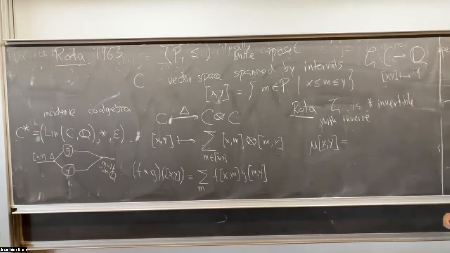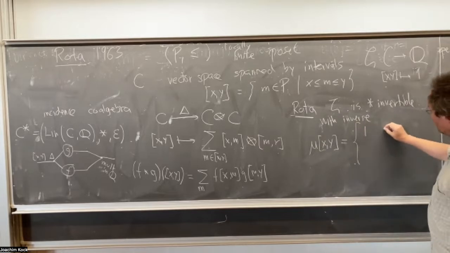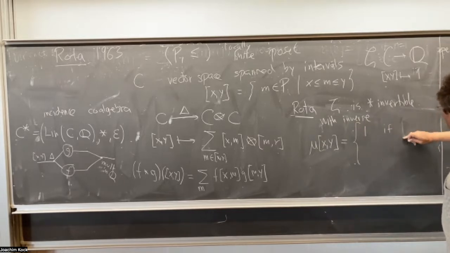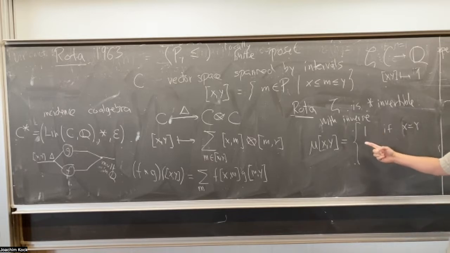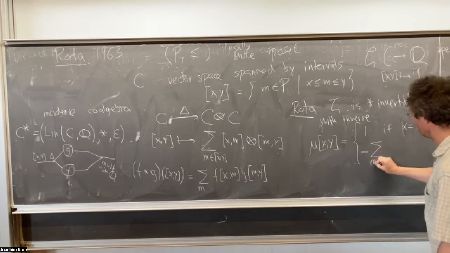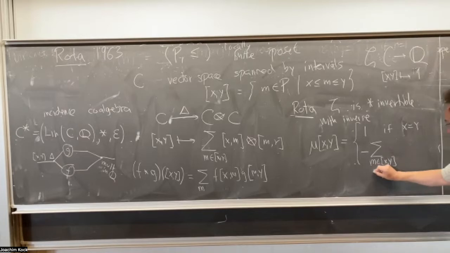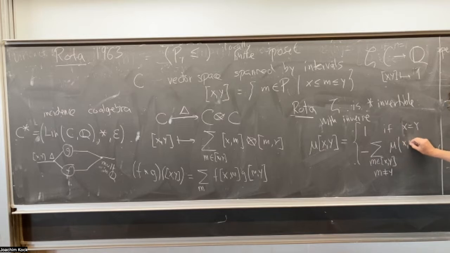And the Möbius function can be described in different ways. This is the classical way by Rota. It's 1 if it's the trivial interval, and if it's not the trivial interval, then here comes a recursion. It says minus, and then we have to sum over all m in the interval, but we take exception from the last point, and then we take the Möbius function of x to m.